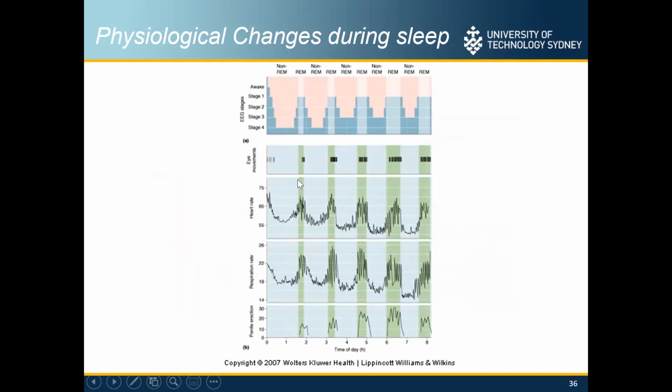From what you can see here, there is higher activity in REM sleep as opposed to non-REM, where there is reduced activity in these different physiological readings. The other thing to note is that throughout the course of the night, non-REM sleep tends to be reduced, whereas REM sleep tends to expand as your sleep gets longer overnight.